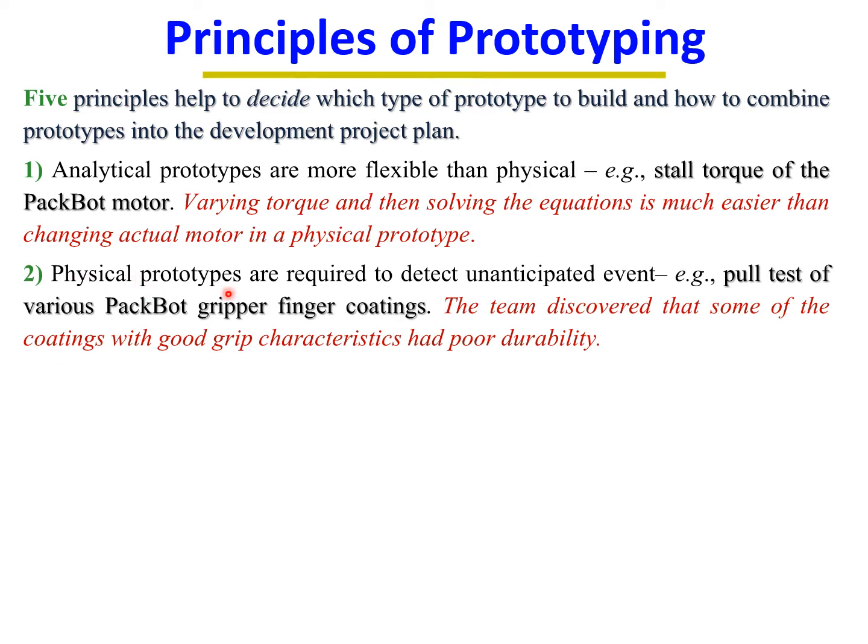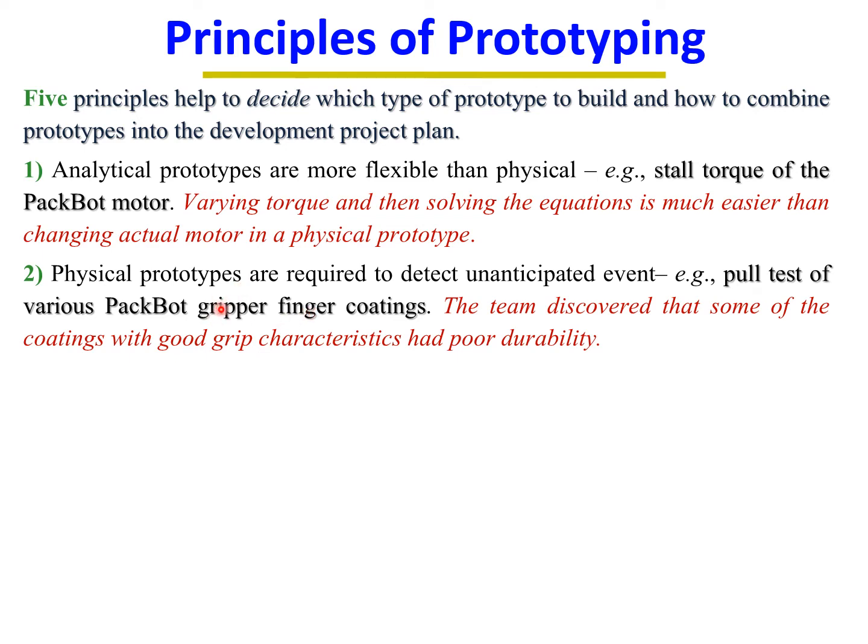Physical prototypes are required to detect unanticipated events, right? If it is going over staircases, then what will happen? Now it is very difficult to predict it by equations, right? As an example, pull test of various pegboard gripper finger coatings.